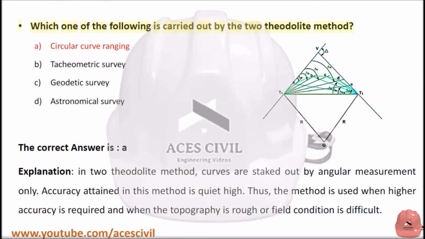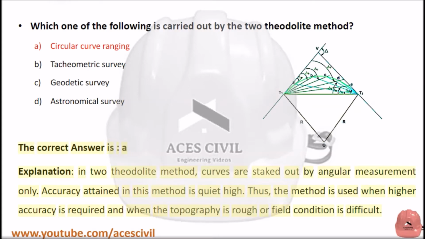Which one of the following is carried out by the 2 theodolite method? A. Circular curve ranging. B. Tachymetric survey. C. Geodetic survey. D. Astronomical survey.